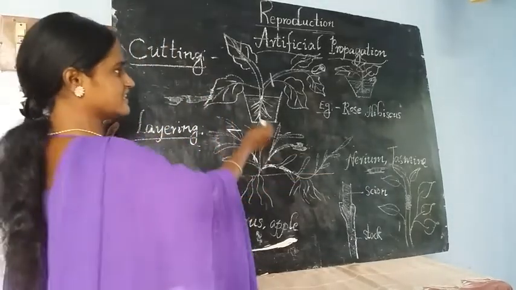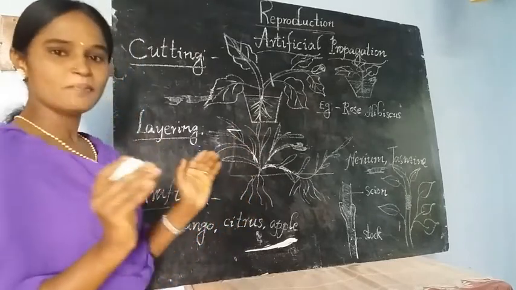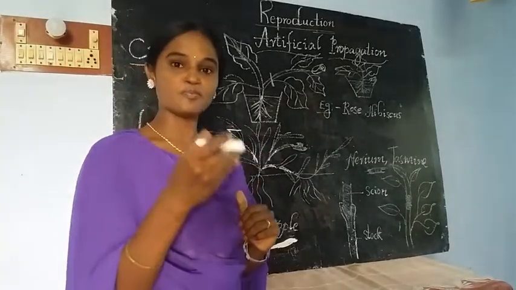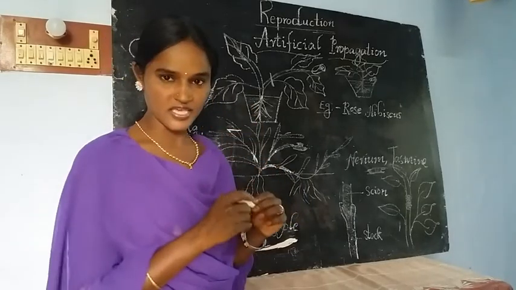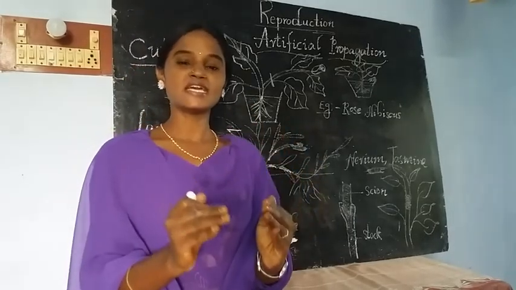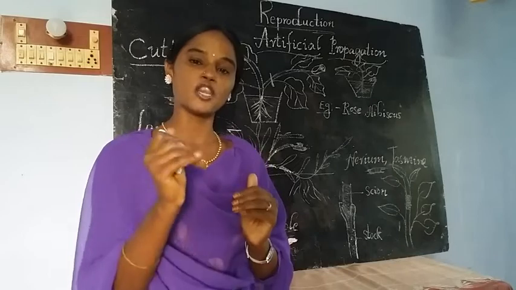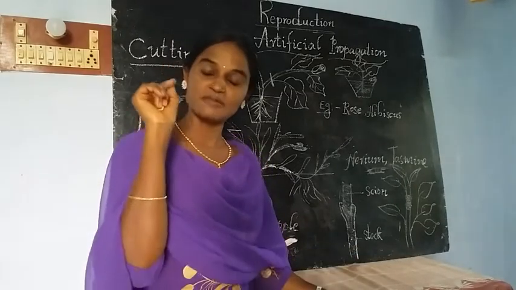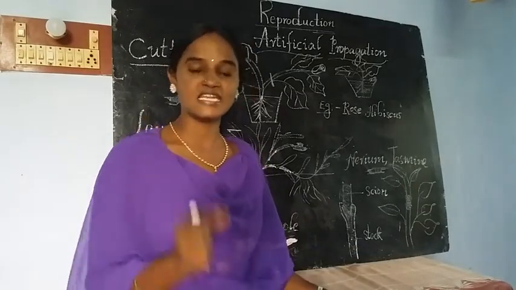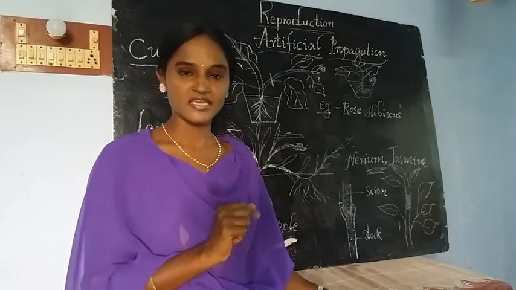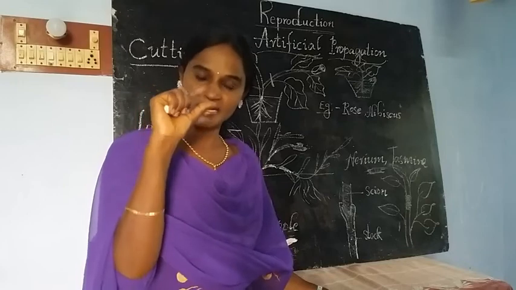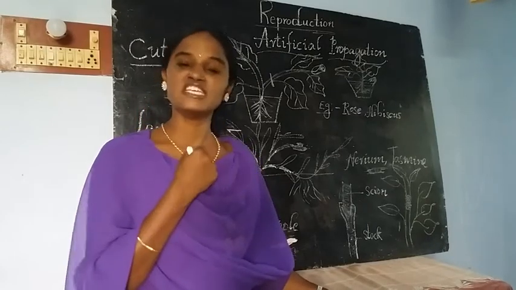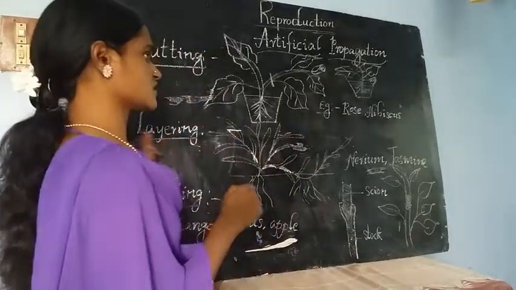We need to take one parent plant which can propagate by cutting. We select a small branch, and the branch must contain a small bud. Such a branch we need to select for this process.